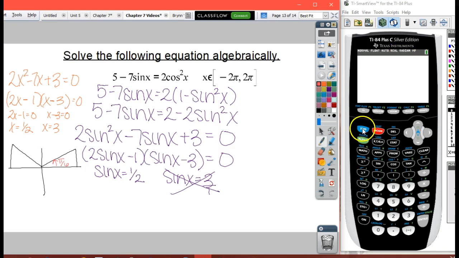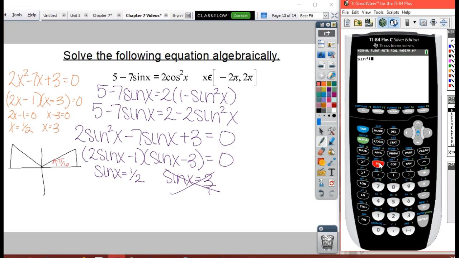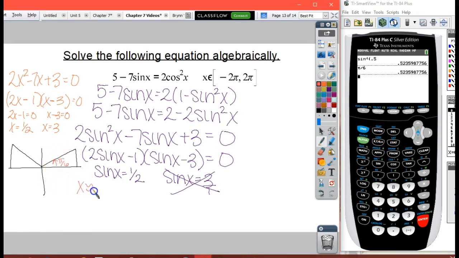As long as you're in radian mode, you could do sine inverse of 0.5, and you would get 0.5235, which is the same thing as pi divided by 6, just the approximate value. And so that's my first answer. You could write it as pi over 6, or you could write it as 0.524. And again, that's an angle in radians.